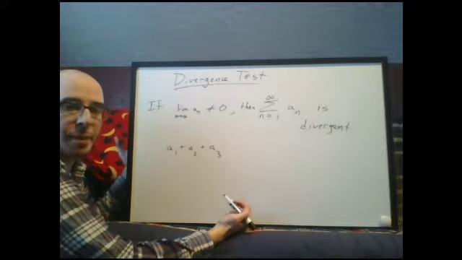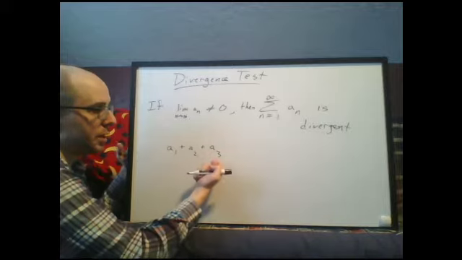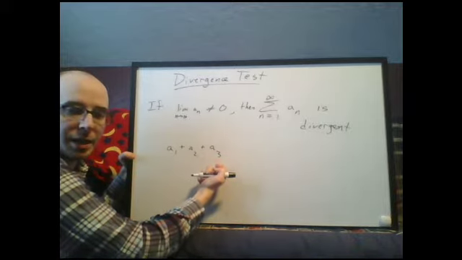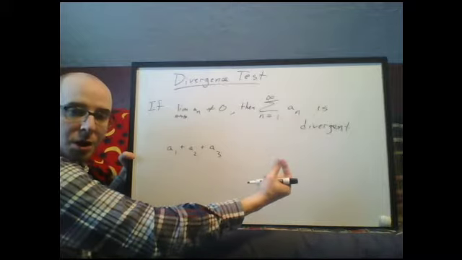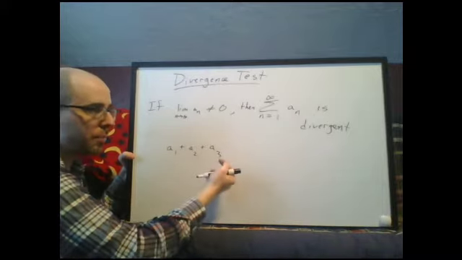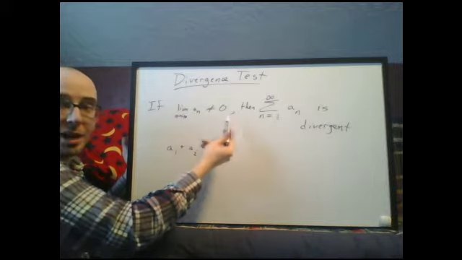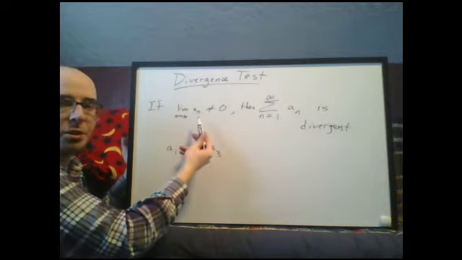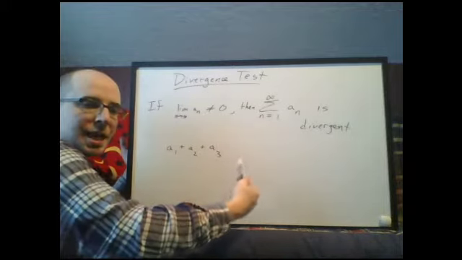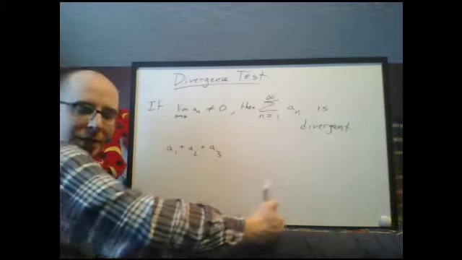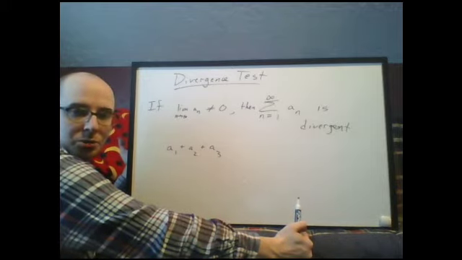So if that total is going to level off towards some number, then the things I'm adding have to start getting small eventually. They have to become smaller and smaller as we go on. Otherwise, for example, if the a_n's are approaching 2, then the more a's I'm adding, it's like I'm almost adding a 2 each step. And if I keep adding 2's, I'm not going to level off to anything finite. It's going to grow to infinity.